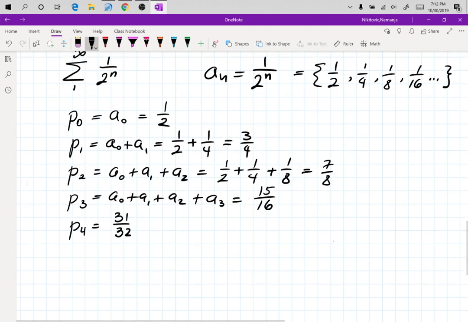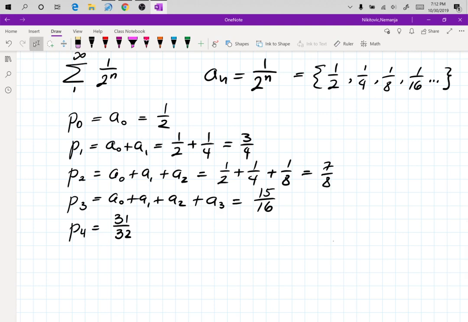So now, if we want to check for convergence or divergence of the series, I would have to check the limit of Pn as n goes to infinity, which means that now I have to figure out the formula to take the limit, right? Because these numbers are not clearly increasing like the ones we had before.